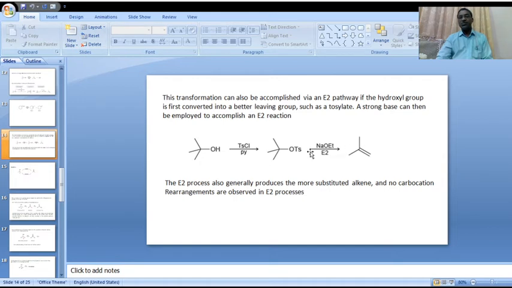In the E2 pathway, it is a direct step, directly after the leaving of the better leaving group to form an olefin. Rearrangements are observed only in the E1 process. Is it clear?